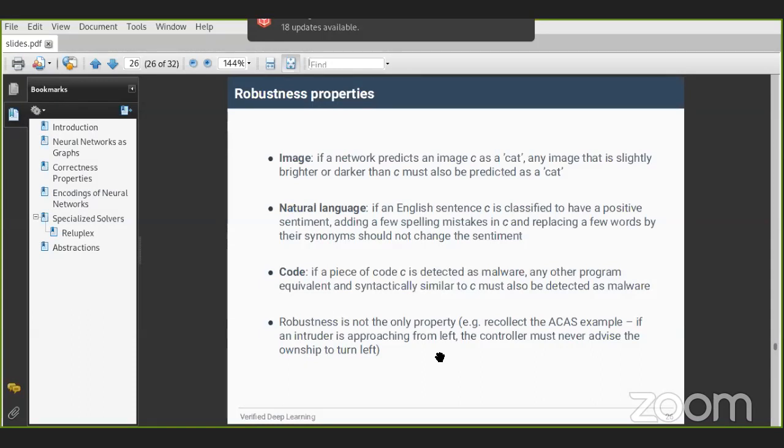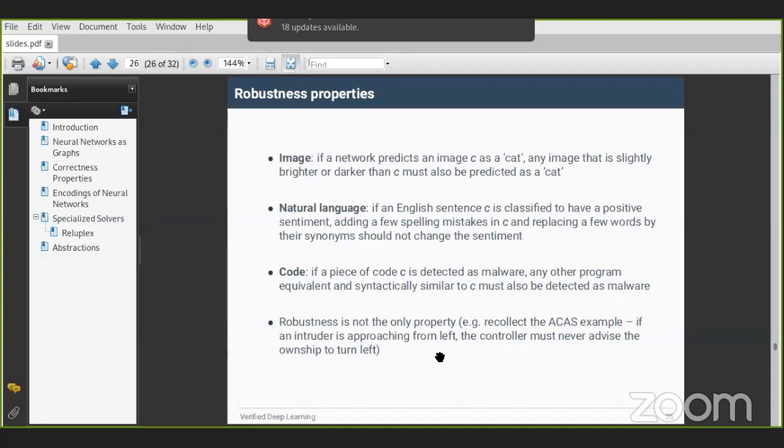I'm just confused by this conjunction, because if you state the program should be equivalent, we should be done, right? It's not clear to me why you need to add syntactically similar. Okay. I think Madhuka's example, Sahil, you should not take it literally. Of course, he has not defined what exactly being a code being malware is.